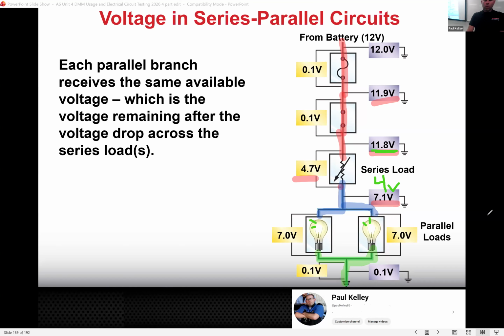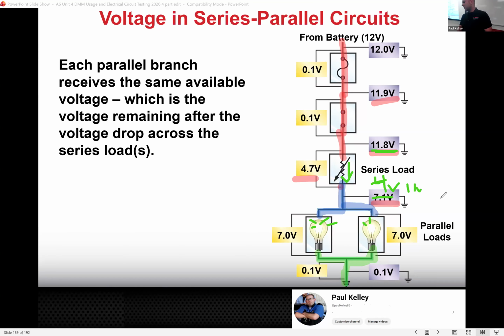Make sense? Or if it's too dim and you can't see, you turn this up. That's going to lower the resistance, which means it's going to consume less, which means maybe you get 11 volts left over, and these are going to be more bright, right? So that's the only time you'd really see this circuit in practical application.